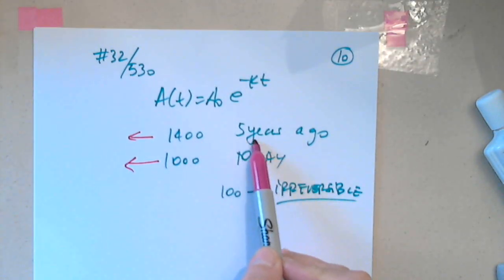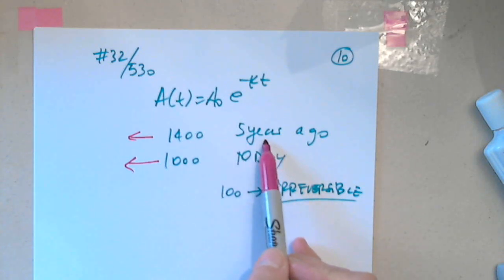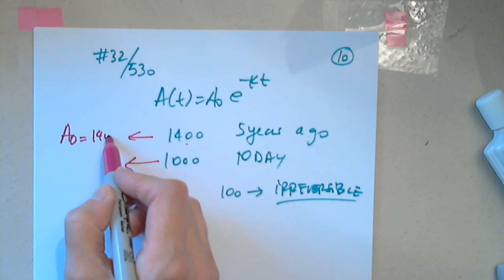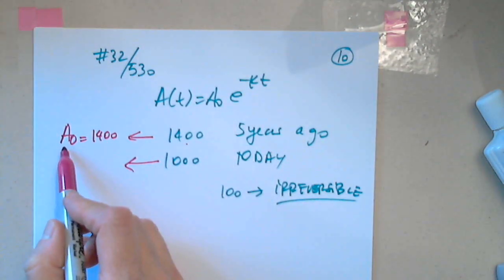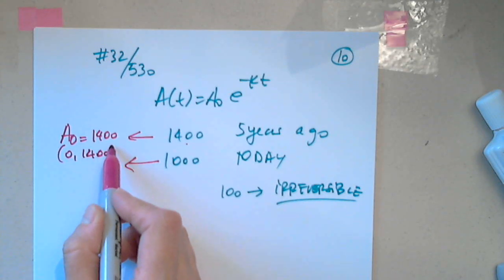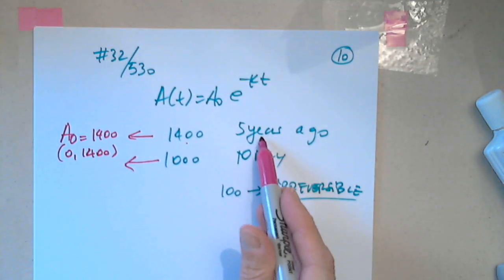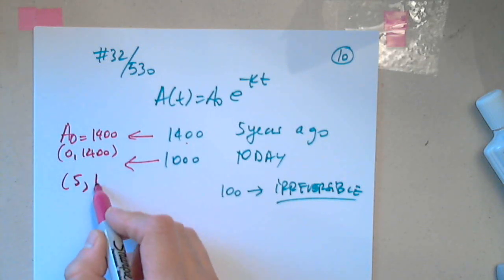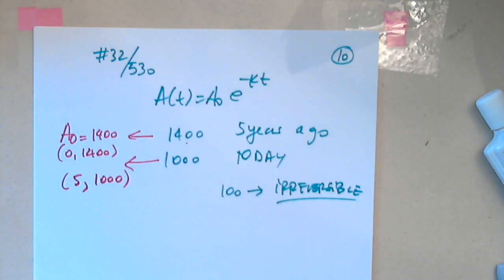We can start our initial population at 1,400. So I'm going to say that the initial population is 1,400. And let's say at time 0, there were 1,400, and that's 5 years ago. Today, 5 years later, the population is 1,000.